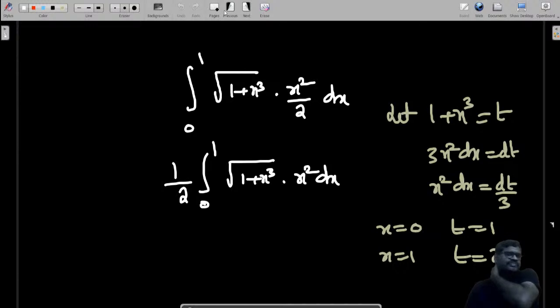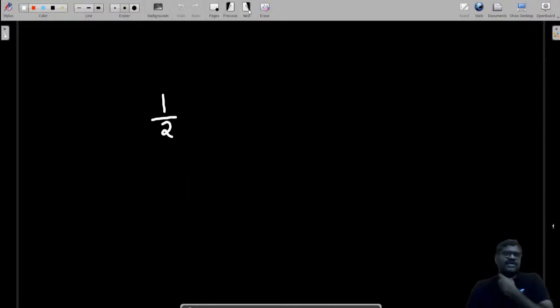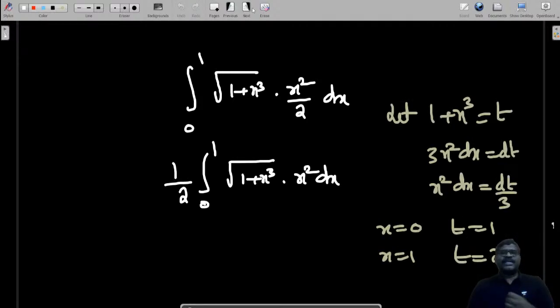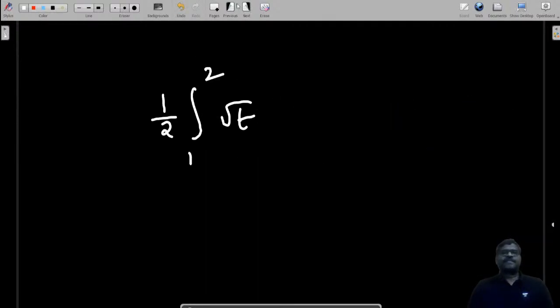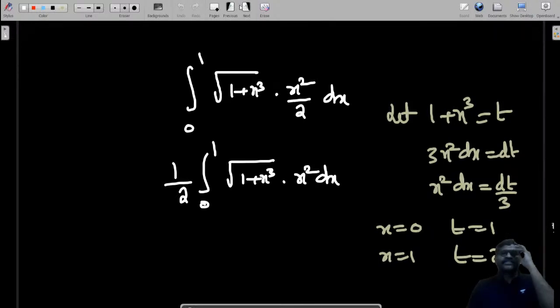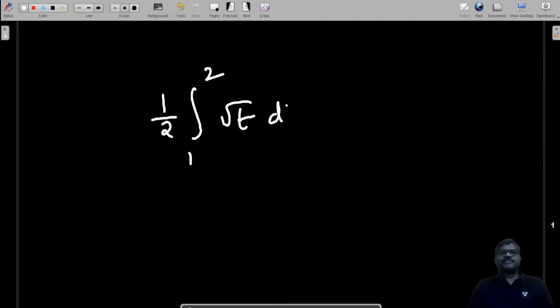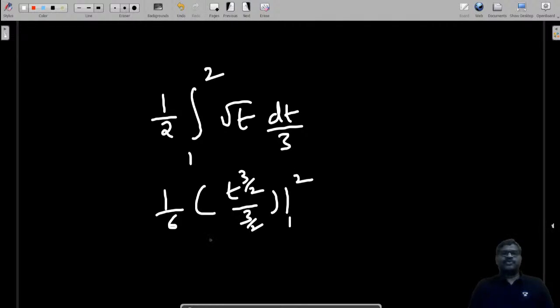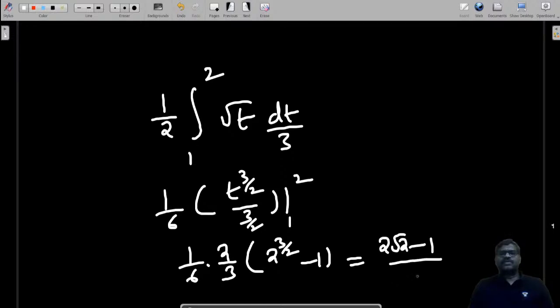1 by 2 integral 1 to 2, root t, x square dx is dt by 3. 1 by 6, t power 3 by 2 by 3 by 2, from 1 to 2. 1 by 6 into 2 by 3 of 2 power 3 by 2 minus 1. 2 root 2 minus 1 by 9.